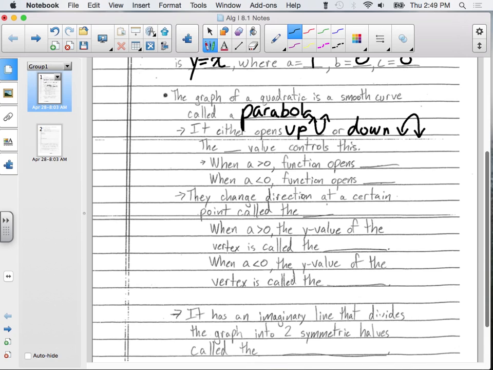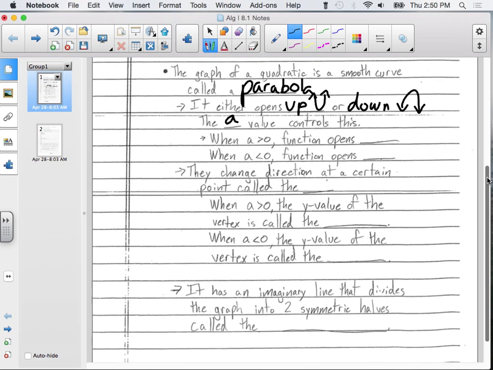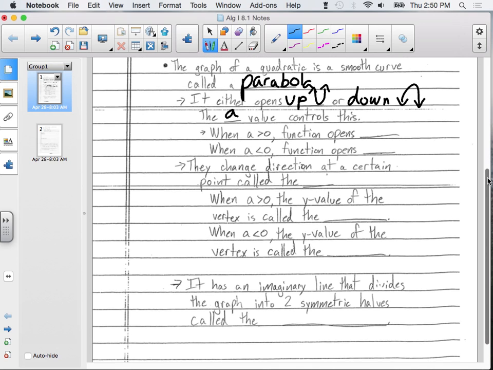So based on whether it opens up or down, that is controlled by the A value. So the value that's paired with our x squared, that will determine if our graph is going to open up or it's going to open down. So that first one, when A is greater than 0, what's another way of saying greater than 0? Positive. So when A is positive, the function's gonna open which way? Up.